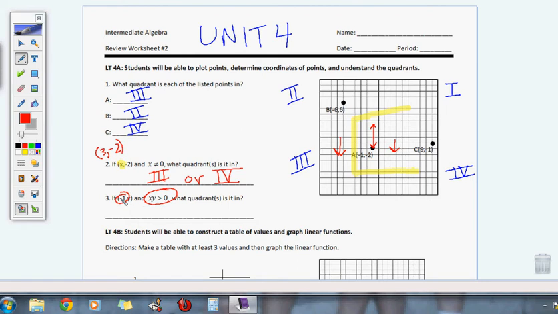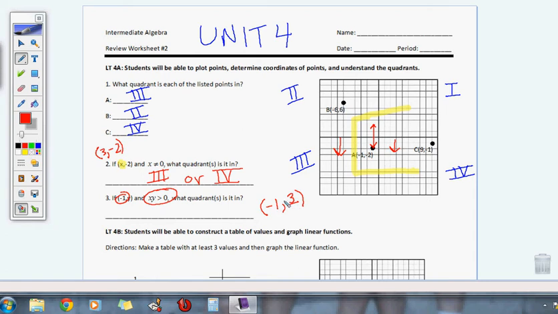Your x value right now is negative 1 comma something. We don't know what it is. But this is saying, if you take the product, or multiply those two together, you better get something that's positive. I'll tell you right now, if I put a positive here, let's just say I put a 3, that means the product would be a negative.